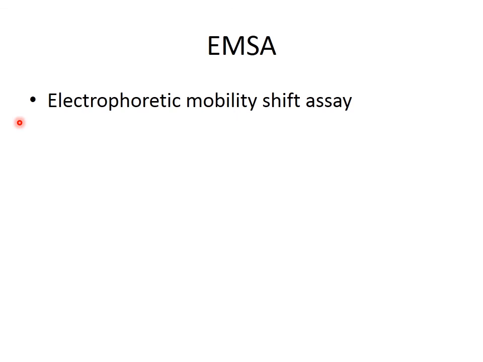Now, for example, if we add a protein which binds to this DNA, then the protein will be bound to DNA and hence the size of this DNA-protein complex will increase. When the size of the DNA-protein complex is more, its migration rate will become less. So the mobility of this DNA will be retarded and it will travel less distance.